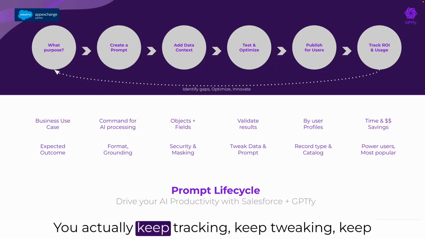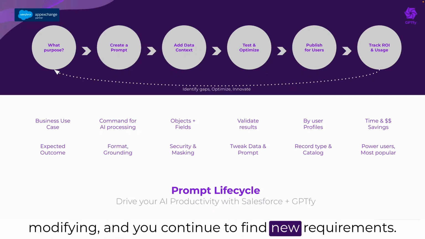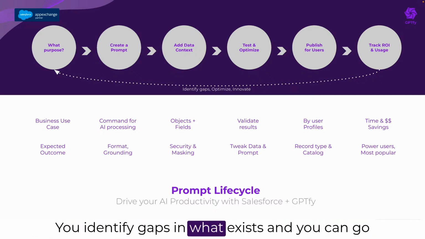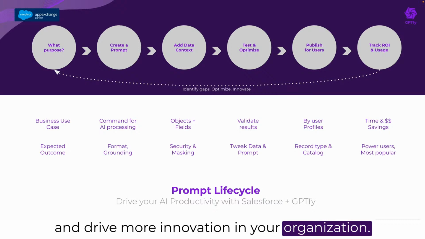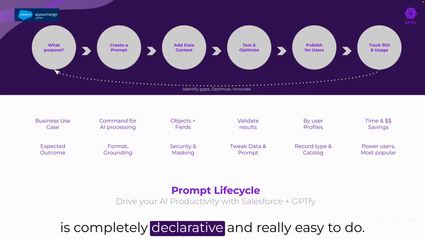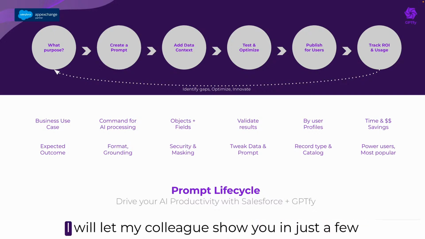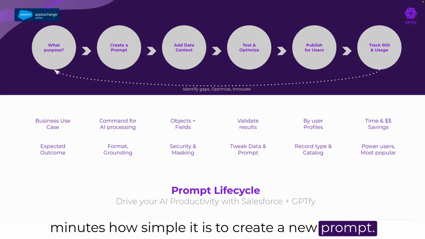You keep tracking, keep tweaking, keep modifying, and you continue to find new requirements. You identify gaps in what exists, and you can go back and create new prompts and optimize them and drive more innovation in your organization. Everything you're looking at here is completely declarative and really easy to do. I will let my colleague show you in just a few minutes how simple it is to create a new prompt.